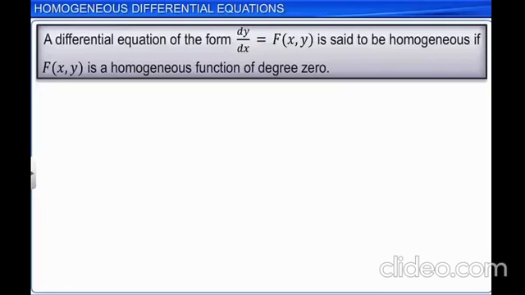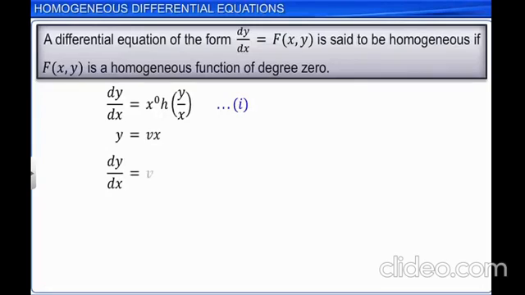Let's see how. Consider a homogeneous differential equation of degree 0. Let's substitute y is equal to vx. On differentiating this expression, we get dy upon dx is equal to v plus x into dv upon dx. Therefore, equation 1 can be written as shown.